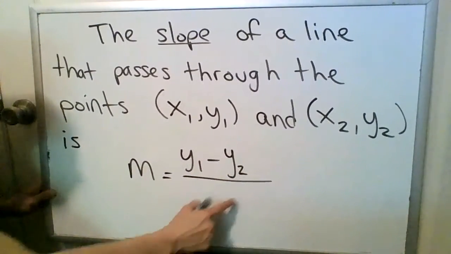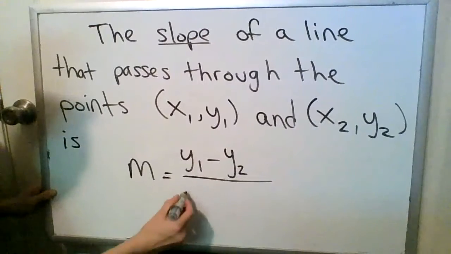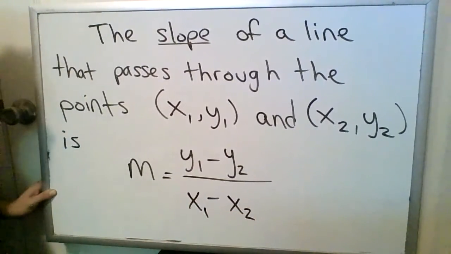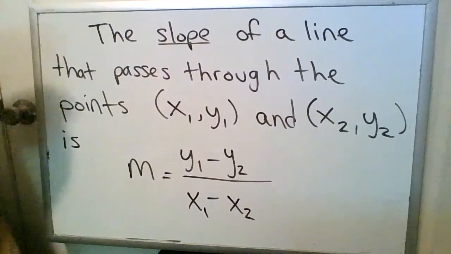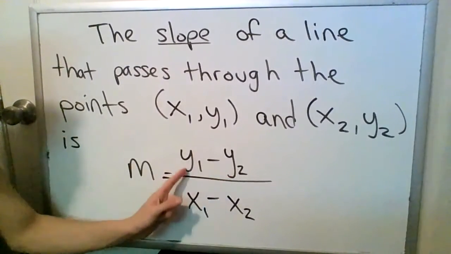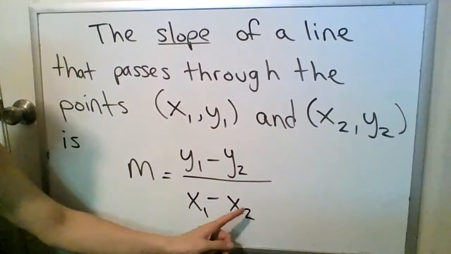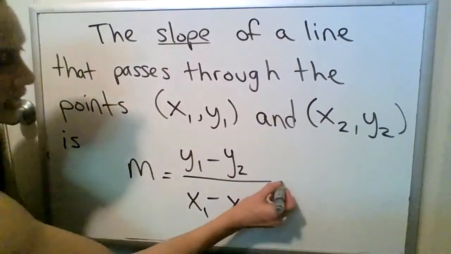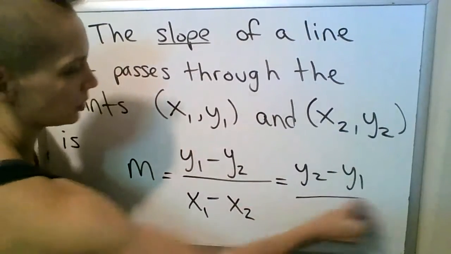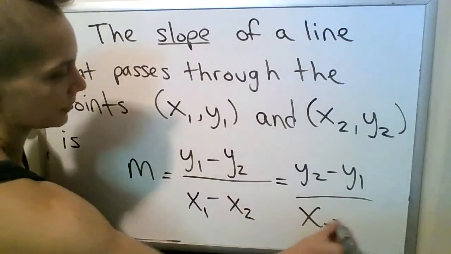So x sub 1 subtract x sub 2. And you can get the same answer if you start with y2 and minus y1, but again, the subscripts have to match. You can do y2 minus y1 over x sub 2 minus x sub 1.